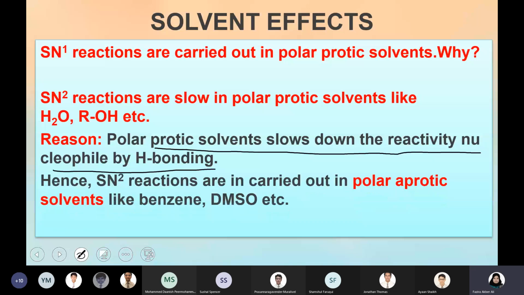So for both the questions the answer is the same. The question is the same thing, asked in a different way. But how is the benefit for the SN1 reaction? In SN1, it's not the attack of a nucleophile that is the important thing, because first the bond is breaking down.